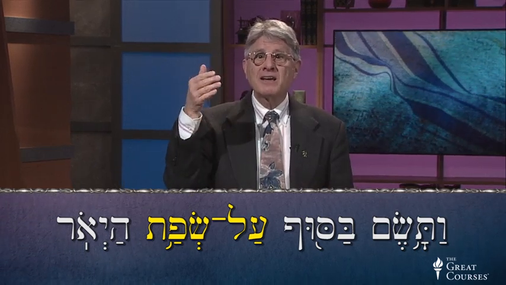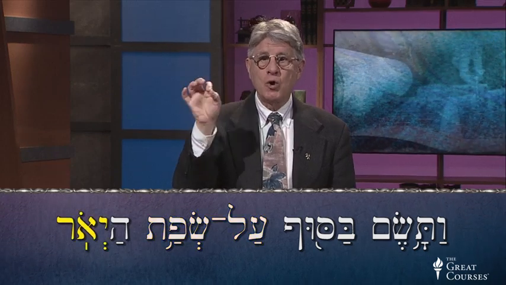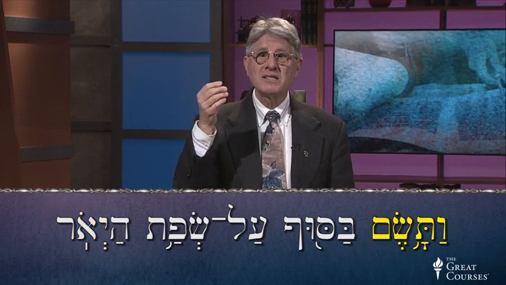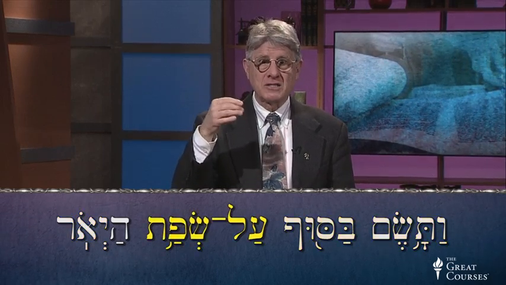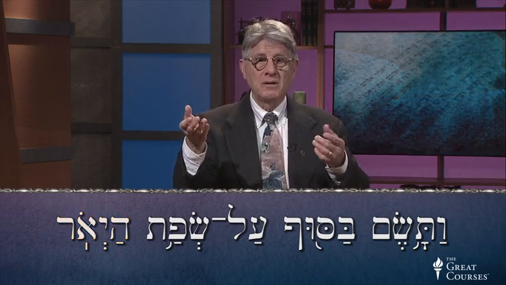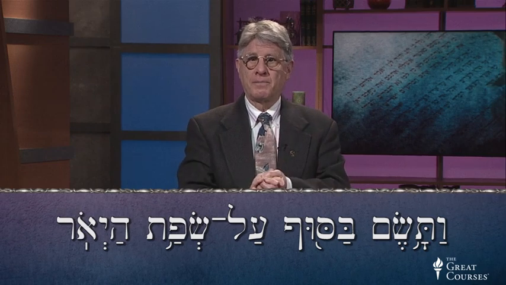But safa can also mean the edge of a body of water. And yeor means the Nile. Vatasem basuf al sifat hayeor. And she put in the rushes at the edge of the Nile.